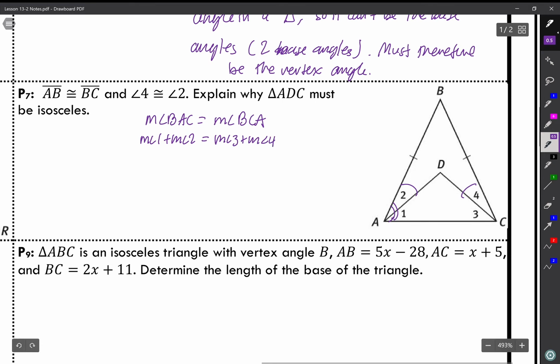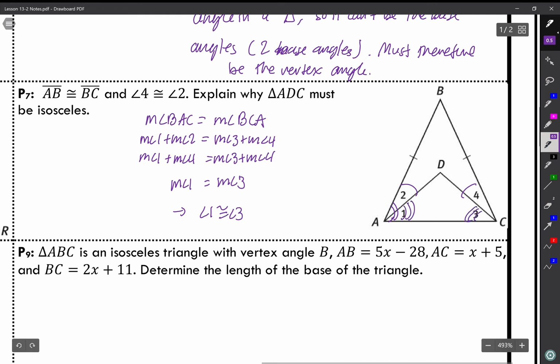What I do know is that 4 and 2 are congruent, okay? So I can plug in the measure of angle 4 for the measure of angle 2, since they're the same. Subtract the measure of angle 4 from both sides. We get the measure of angle 1 is equal to the measure of angle 3. So angle 1 is congruent to angle 3.